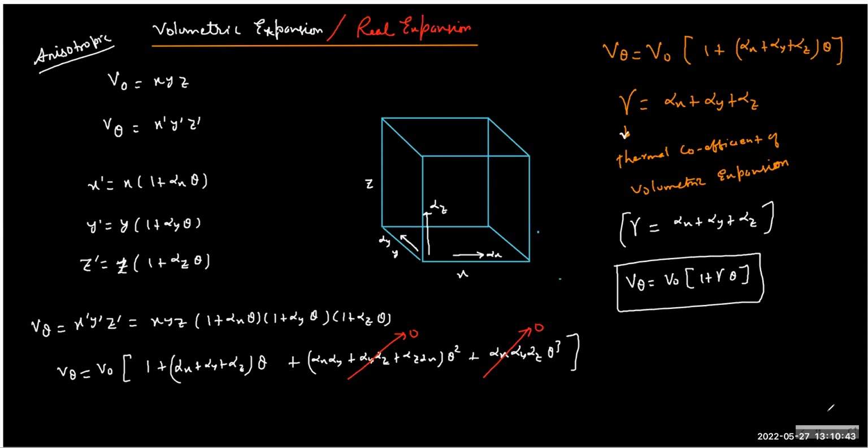So for now you can correlate the isotropic case, which is very common. So in solids we may have anisotropy, but in case of liquids it is always isotropic.